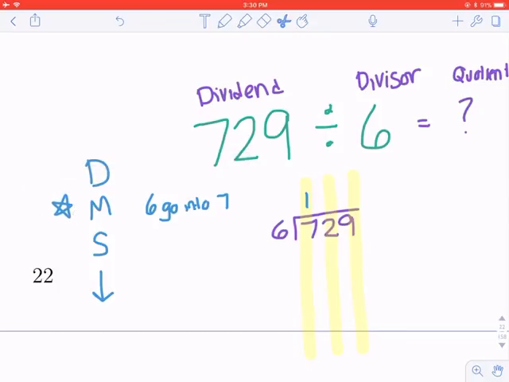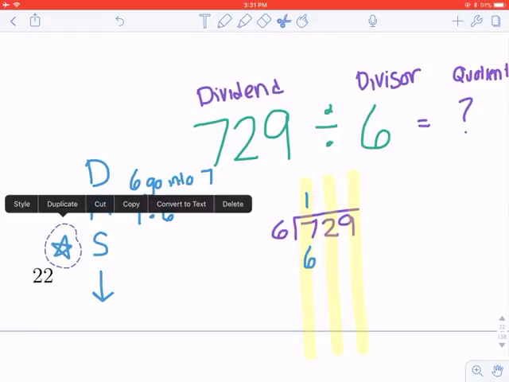So now I'm ready for multiply. It's whatever number I just wrote times the divisor, so I'm going to do 1 times 6. It may be nicer if I line these up with the steps that I'm doing. So 1 times 6 is my multiplication step, and I'm going to write that answer in the same column I'm working in. Now I'm ready for my subtraction step.